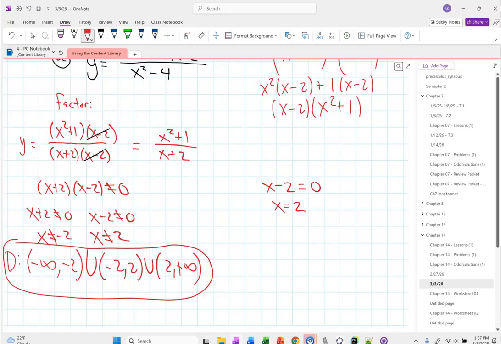So remember, the removable discontinuity is a point. That's my x coordinate. How do I get the y coordinate? You plug in that x into the reduced version.